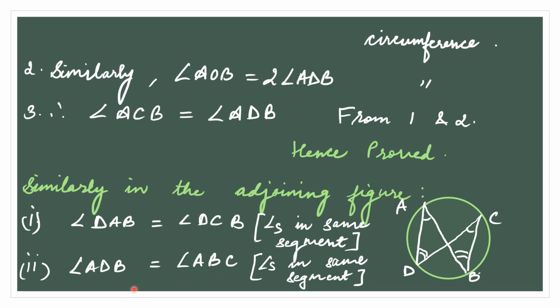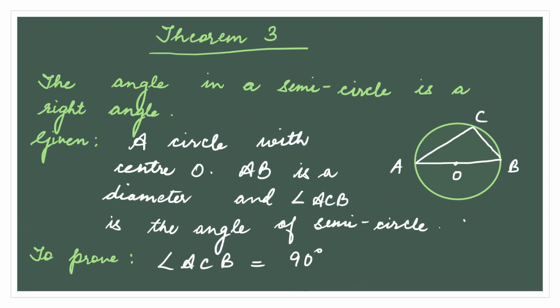Therefore angle ADB is equal to angle ABC. Okay, so you have to check where is the arc and where it is subtending the angle at the circumference and where it is subtending the angle at the center, so that we can equate it and find the answers.